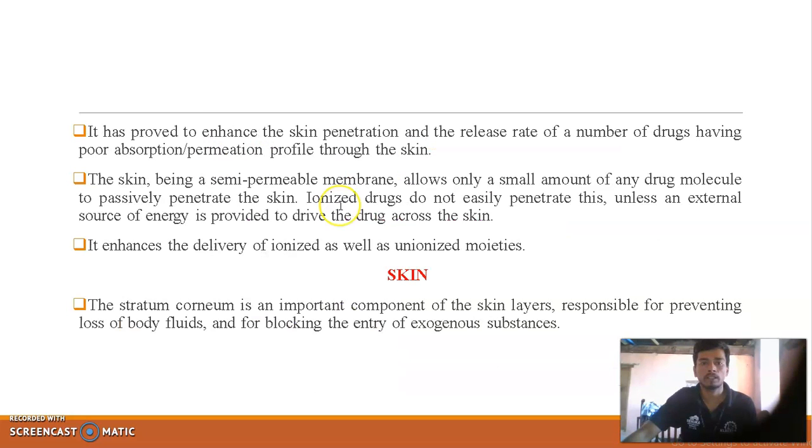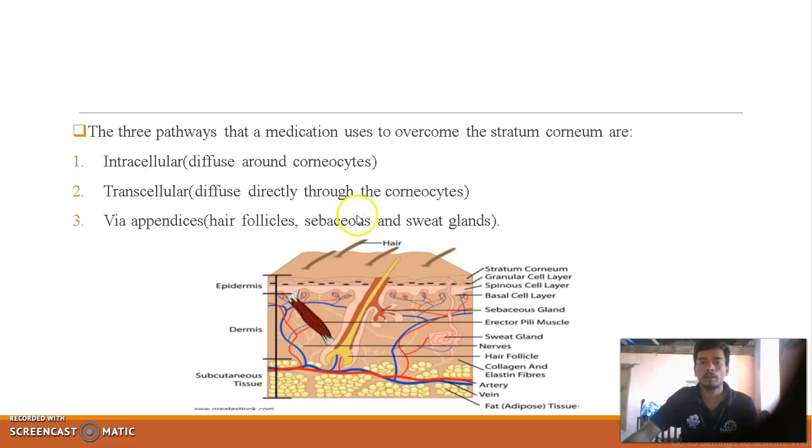Coming to the next, the major part of this process is skin. The skin is divided into 3 layers: intracellular, transcellular, via appendices. First one is intracellular, diffuse directly through the stratum corneum. Transcellular, and via appendices: hair follicles and sweat glands.